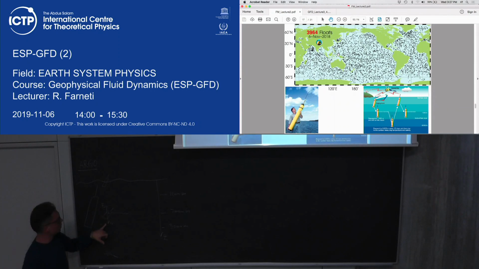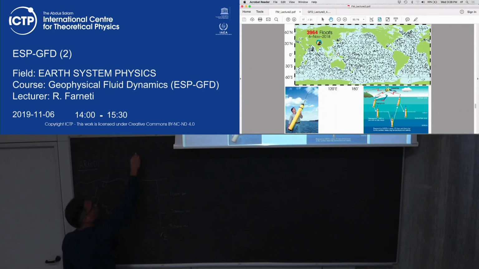The weight changes. So this Argo float goes back to the surface, because the buoyancy force is much larger than the weight. Once it goes back to the surface, through that antenna, it sends all the data to a satellite.